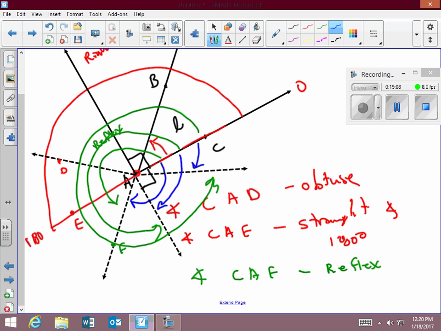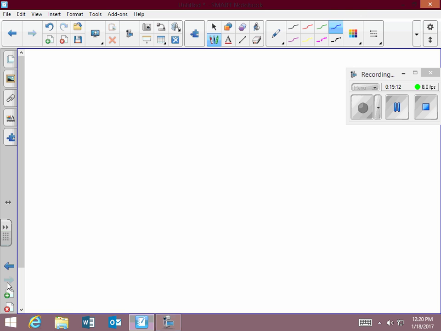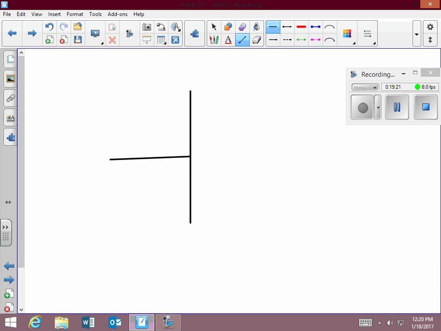And then the right angles, what you have to have to be right angles, the lines have to be perpendicular.